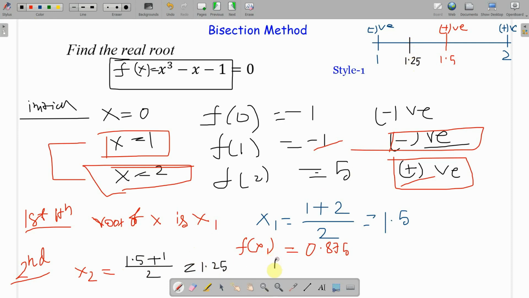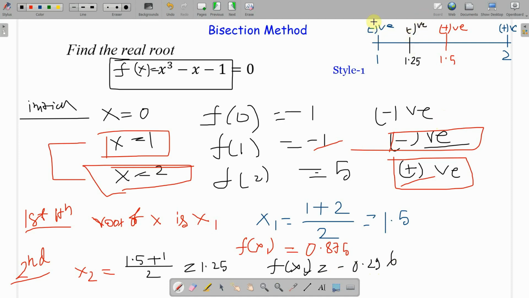And if x2, what would be the value? Minus 0.296. So see, the value is giving minus 0.296. So here I'll be writing it's a negative. Okay.